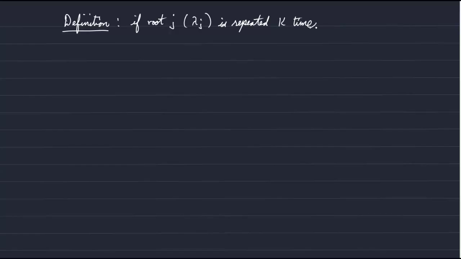In our quadratic equation, we had a repeated root that was repeated 2 times. If we were to have a cubic equation, we might find a root that's repeated 3 times. But in general, if we find a root that has k redundant values, we say this is a root of order k.